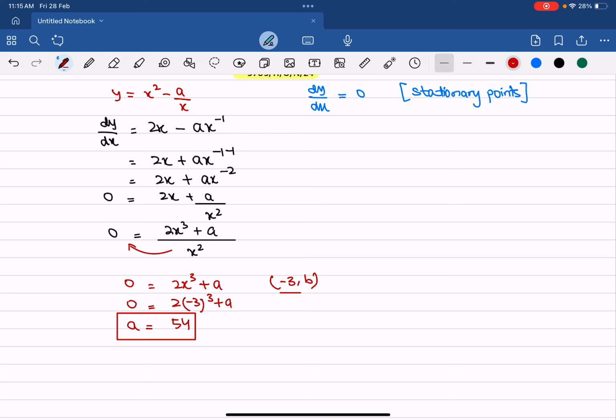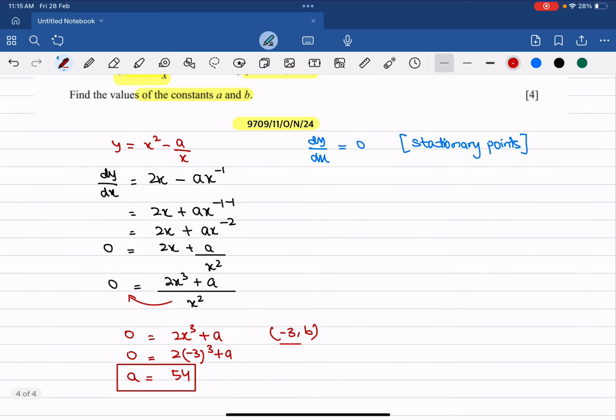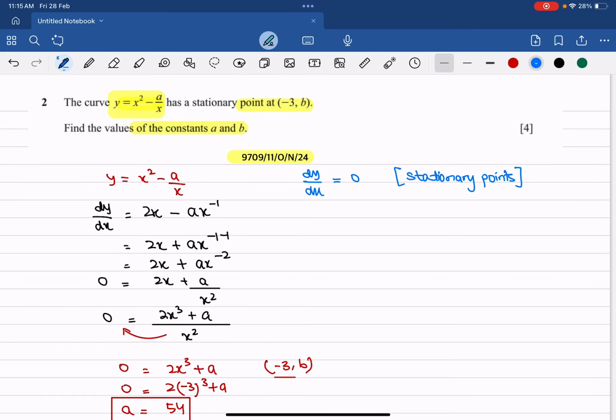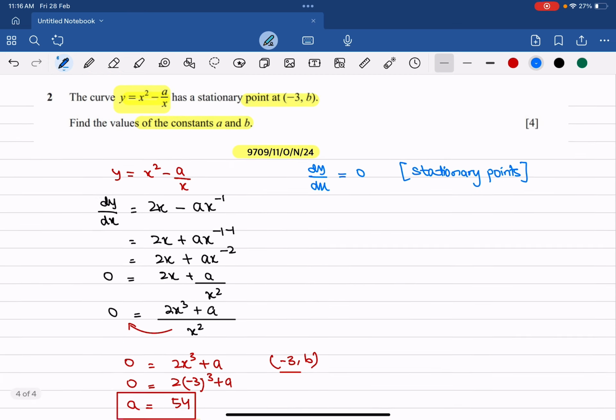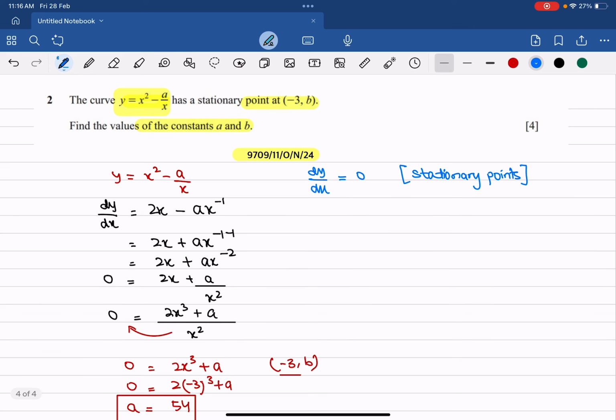Now the next step is to find the unknown value of b. How are we going to do that? Whenever we substitute the value of x into the original equation, the answer is always y, the y coordinate. b over here is the y coordinate. So I'm going to substitute both the value of x and the value of a, which was previously unknown, into the equation to find y.